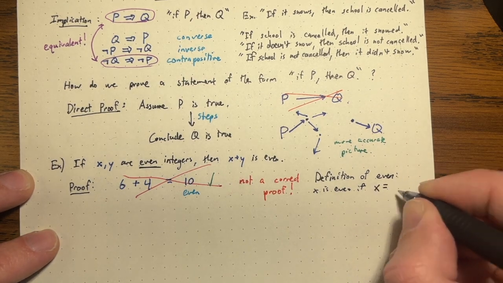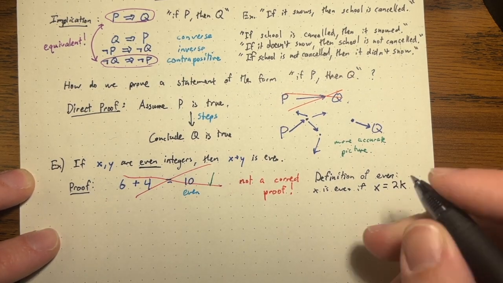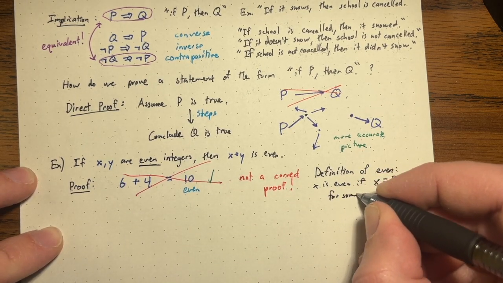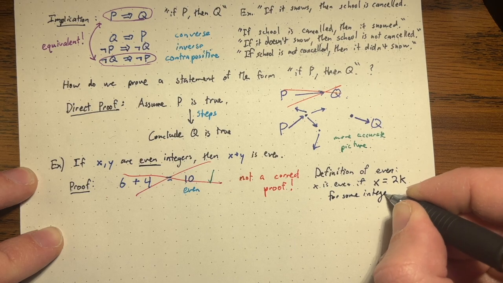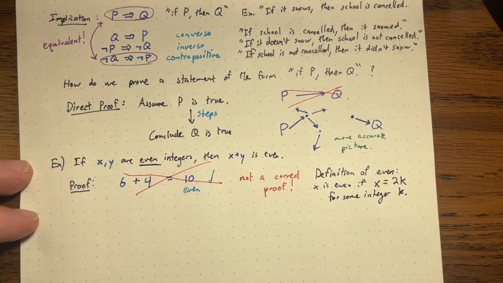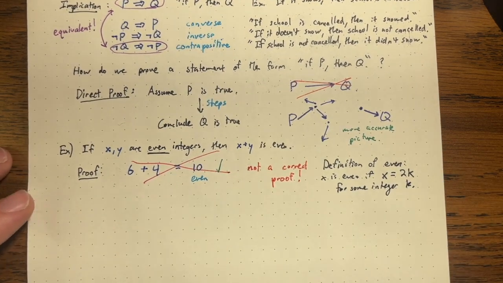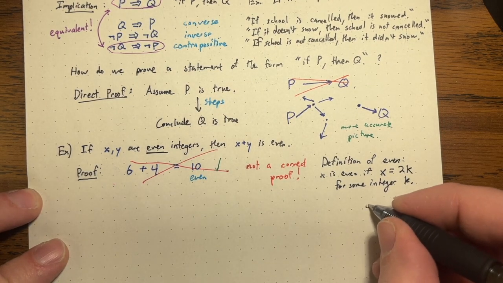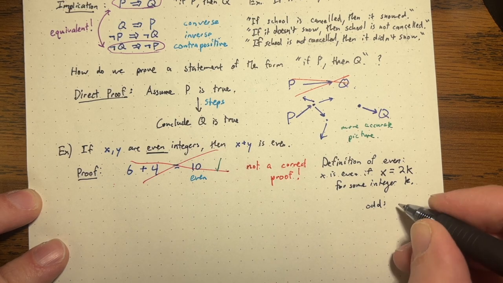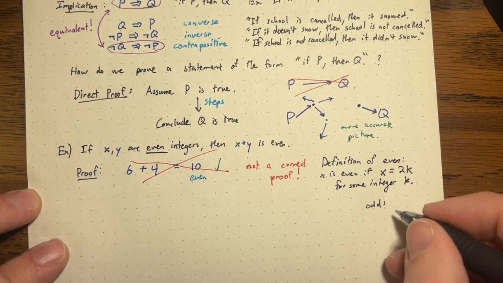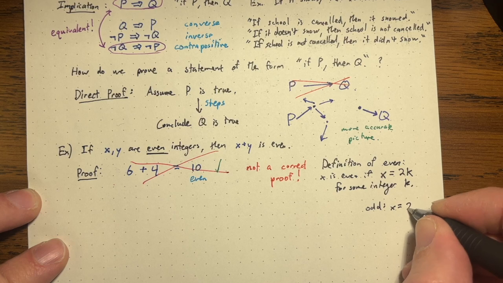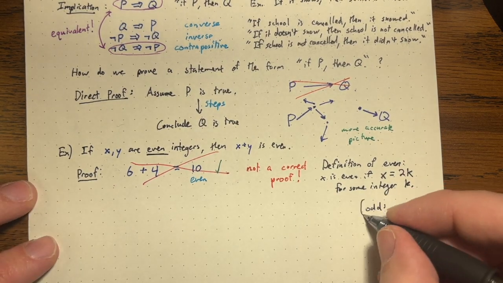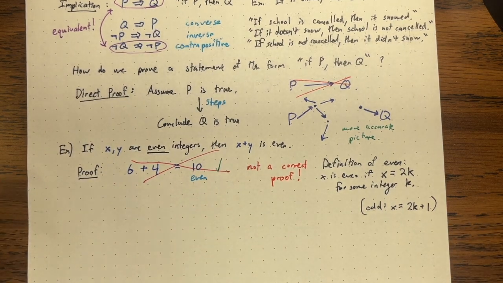Well, here's one definition: x is 2 times an integer k, for some integer k. So it's of the form 2k for some integer k. That's what it means to be an even number. Similarly, odd, what would that be? It'll be 1 off a multiple of 2, right? So odd would mean of the form 2k plus 1 for some integer k. We only need even for now.